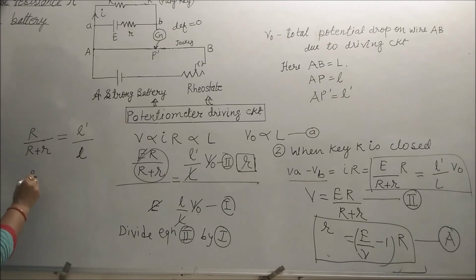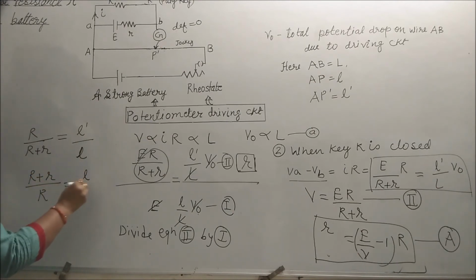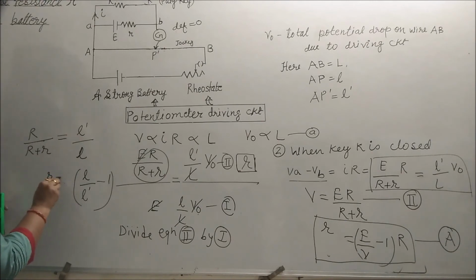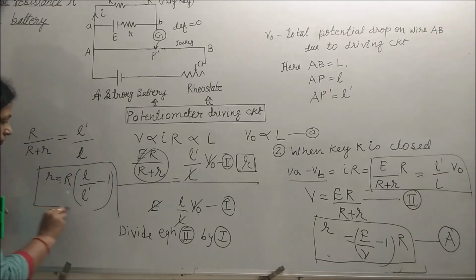Now we can find the value of r. Just reverse the terms and separate them. This one will come here, okay, and multiply it with this R. So this is another form of the equation for internal resistance of the battery.